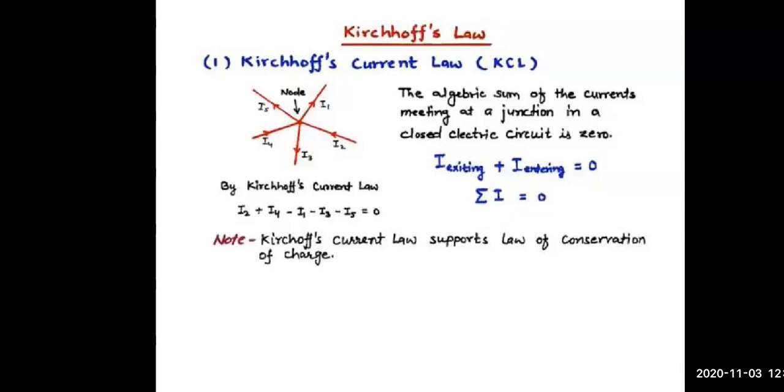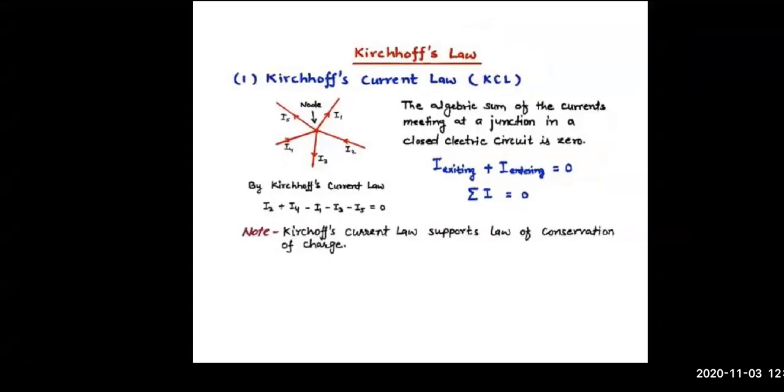So, let's revise it. Kirchhoff's current law states that the algebraic sum of the currents meeting at a junction in a closed electric circuit is zero. So, at this junction, the currents which are entering are equal to the currents that are leaving.